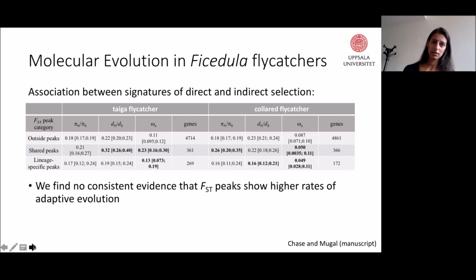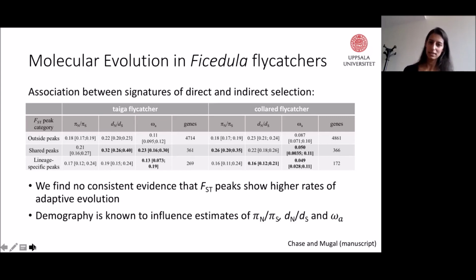In fact, we can interpret our signatures completely based on differences in demography between the two species. Because we know that our estimates, pN/pS and dN/dS, are sensitive to demography, and in particular, the estimate that is based on the combination of both, omega A, is highly sensitive to the demography.